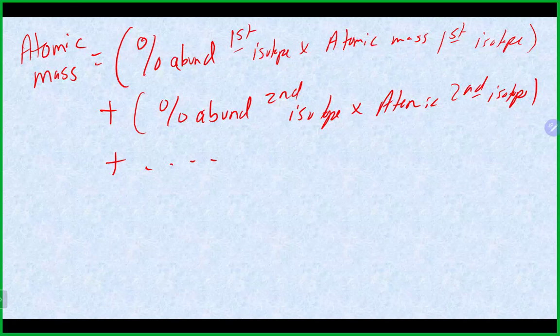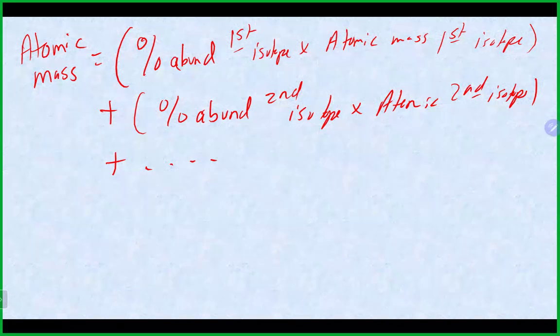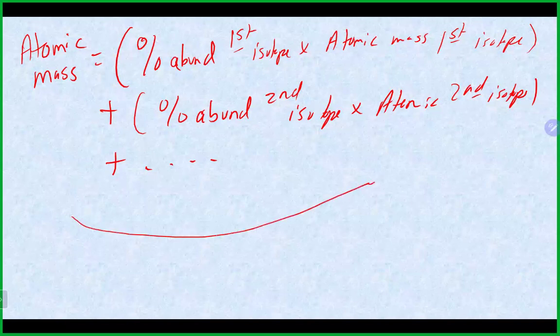How do they figure out the relative abundance and the masses of these different isotopes? We're not going to go into too much detail, but they use something known as mass spec. They send a sample down, they heat it up, and it has a magnetic field and an electrical field. It separates out each of the isotopes as it goes down the mass spec, and the result comes out on a diagram as different peaks.